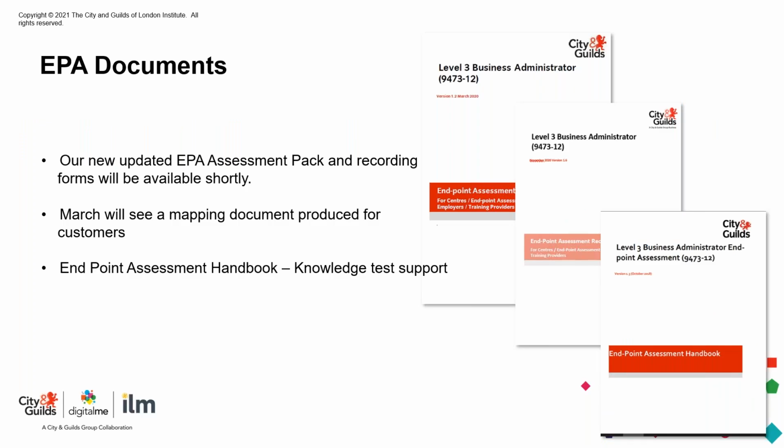Okay, so EPA documents. Our new updated EPA assessment pack and recording forms will be available shortly. It will be an updated version which will be aligned to AP03. Please make sure that you are working from the correct assessment plan.